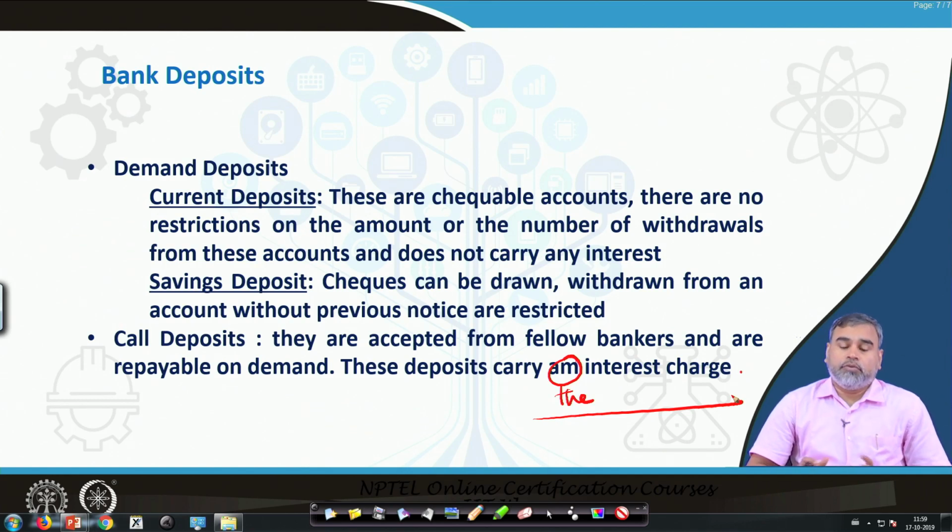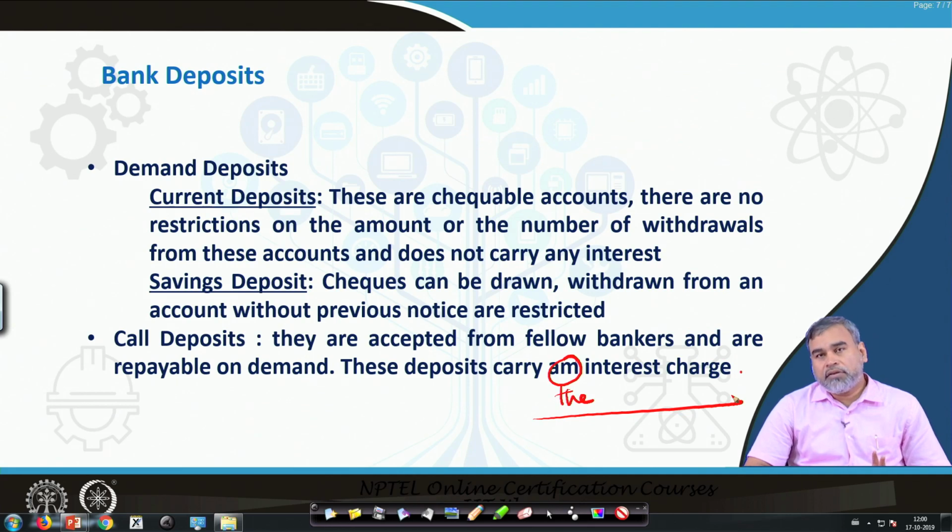Whenever you talk about the different types of deposits one by one, we have the current deposits. So, what do we mean by current deposits? You might have an idea about this. These current deposits do not carry any kind of interest. So, if any business unit has a current deposit account in a commercial bank, the bank does not have to pay any interest, number 1.